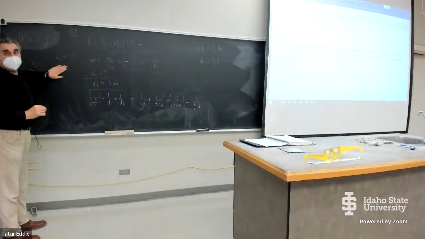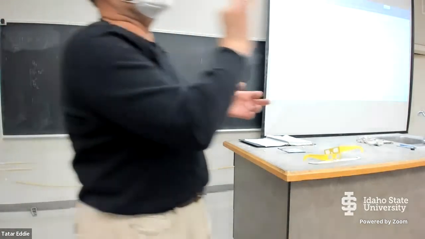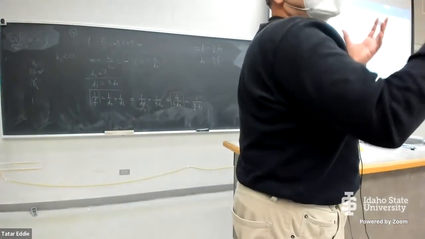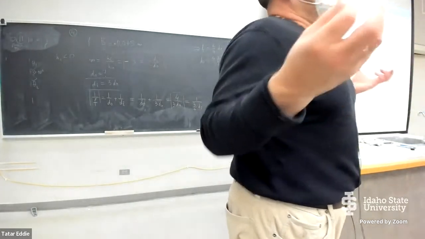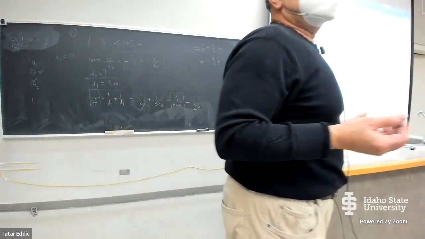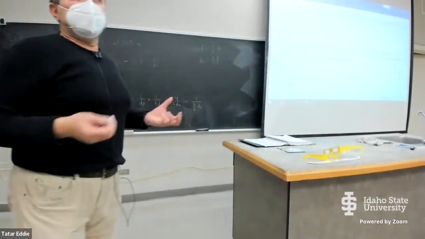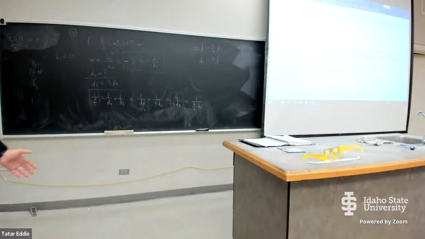So this is the right style. You place the appropriate algebraic sign in front of numbers, but not in front of letters. A letter can be either positive or negative or zero.